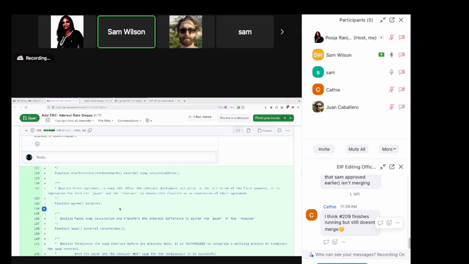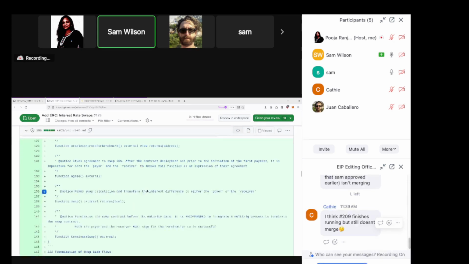Gives agreement to swap IRS. The contract deployment prior to initialization of the first payment, it is imperative to invoke this function as an expression of their agreement.